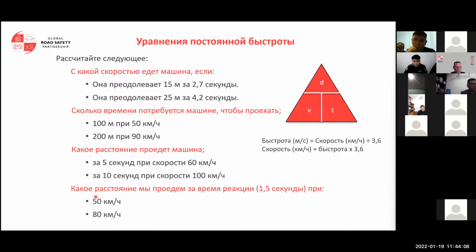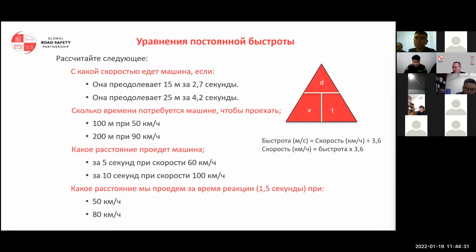But let's do it for 50 kilometers per hour. This situation is exactly the same as the question above. We have a velocity, we have a speed. We want to know how many meters we will travel in 1.5 seconds. First thing we do, change that speed into velocity.